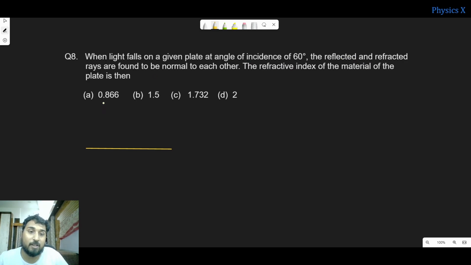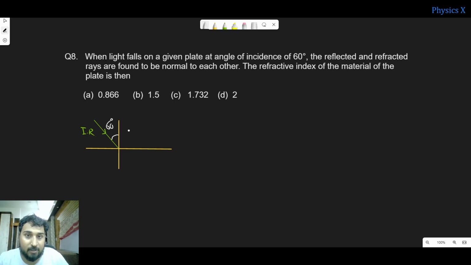That means refraction and reflection both are happening. So the angle of incidence is like this. Suppose this is your incident ray and this is your normal. The angle made by this incident ray to the normal is 60 degrees.